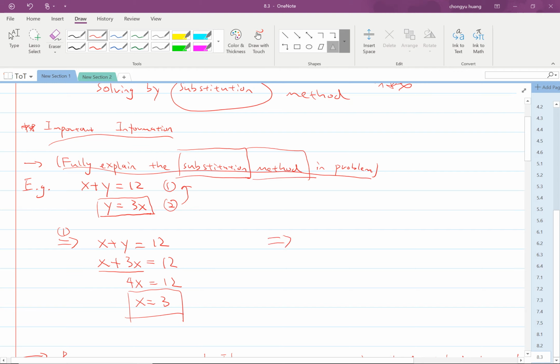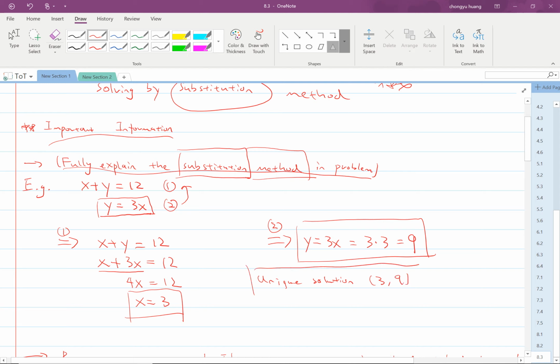After that you find y. The easiest equation to find y is y equal to 3x. 3 multiplied by 3 is equal to 9. Now we have found a unique solution: x equal to 3, y equal to 9.